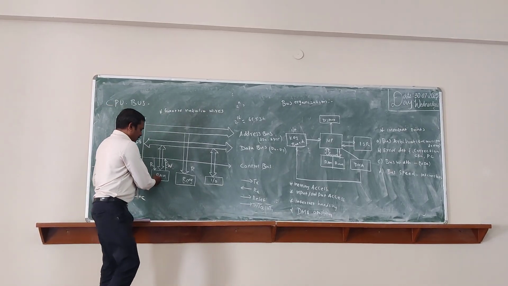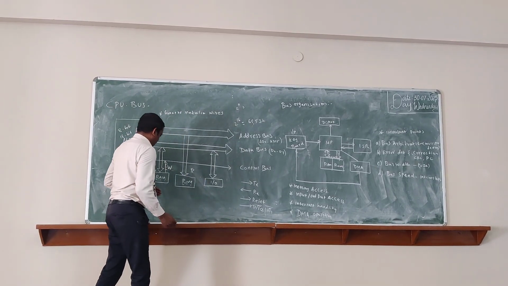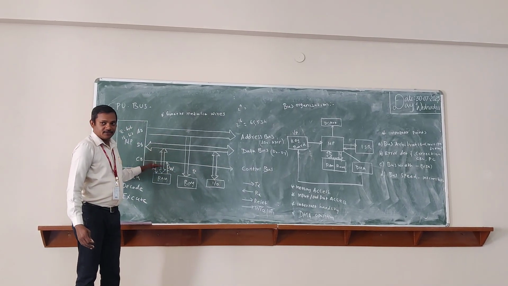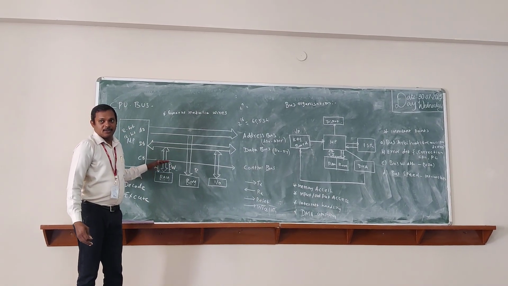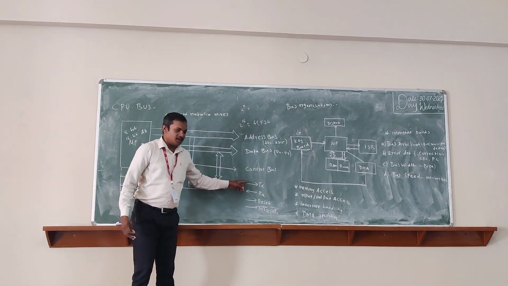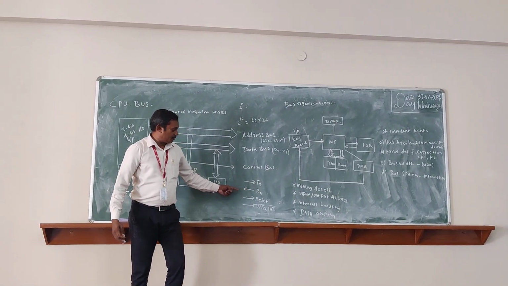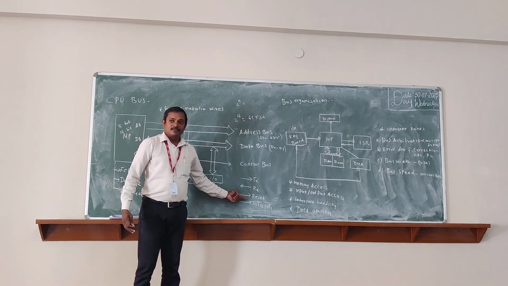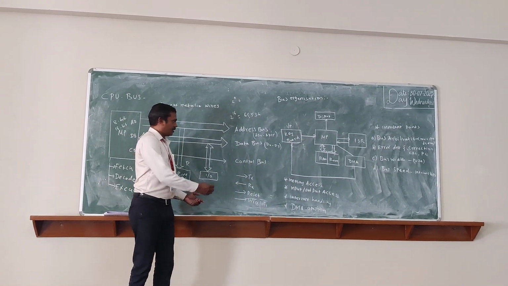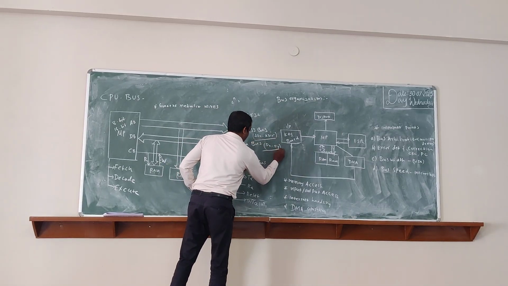So these are the peripherals: RAM, ROM, I/O ports. Okay. So this control bus is responsible for controlling the operation of this microprocessor, whether it wants to read, or write, or transmit, or receive. Okay. Or reset, interrupt. So these are the control signals. So I have given examples for this.